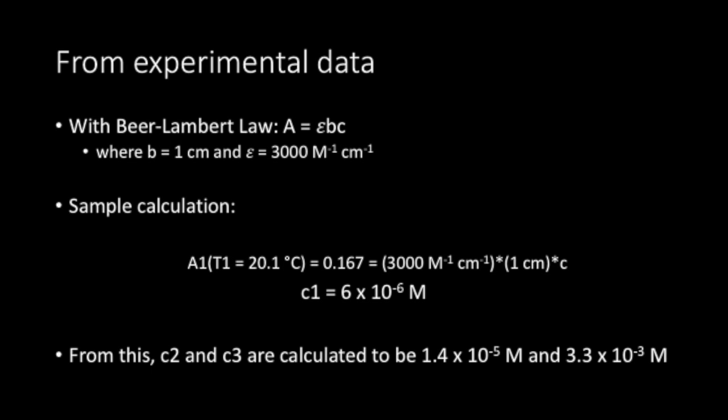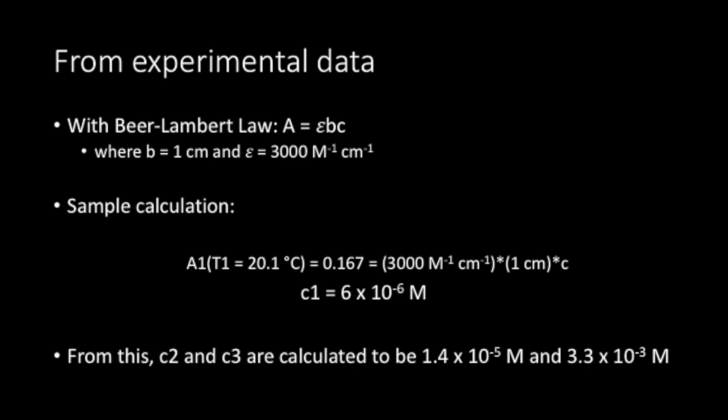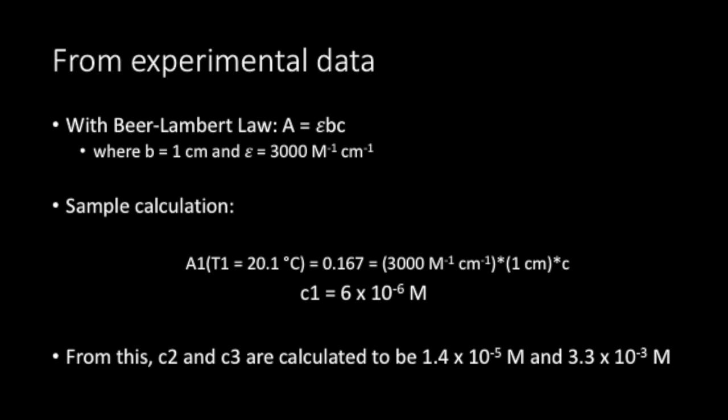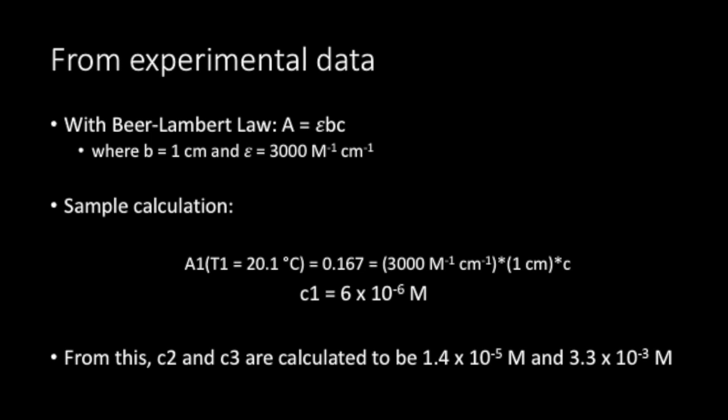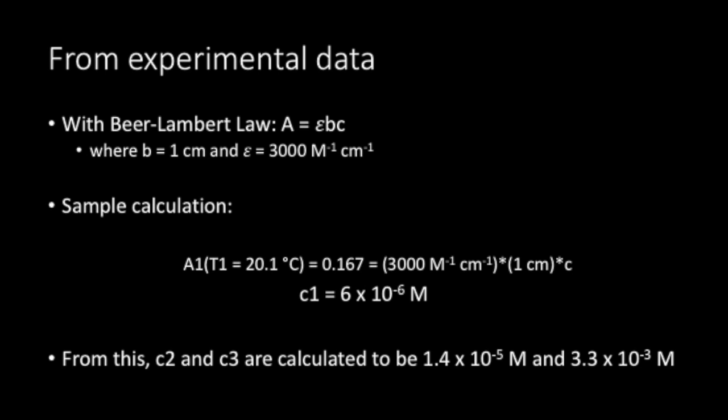Now that we have obtained the diffusion constants, let's take a look at how to find the concentration of curcumin in water at those three different temperatures. Recall that we used a UV-Vis spectrophotometer to measure the absorbance of each temperature sample. From experimental data, we're able to use the Beer-Lambert law, A equals epsilon B C, to find concentration.